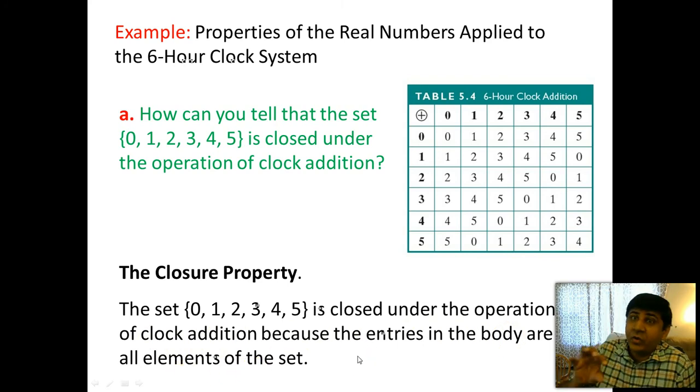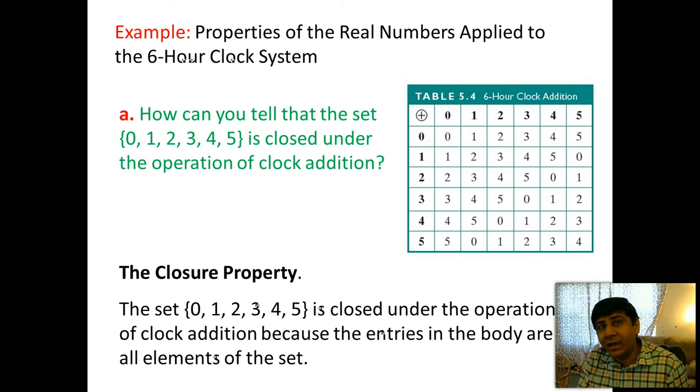When we add two numbers on the clock, we get another number which is still on the clock. Even though we get it after manipulation, that's why we're using clock addition, not general addition. So the numbers on the clock are closed under the operation of clock addition.